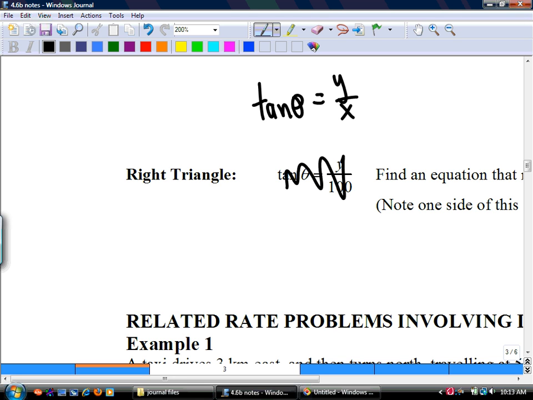Tan theta equals y over x. What's the derivative? I know there was 100 there. I changed it to x. That ain't subtle either, is it? Whoosh rule!